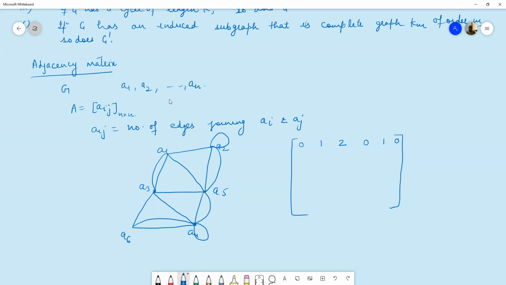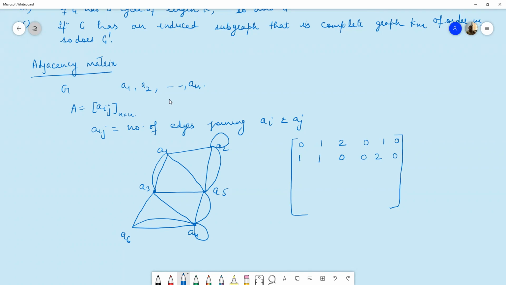Then from A2 to A1, this is 1. A2 to A2, we have one loop, so this will be 1. A2 to A3, no edge. A2 to A4, again no edge. A2 to A5, 2 edges. A2 to A6, no edge.